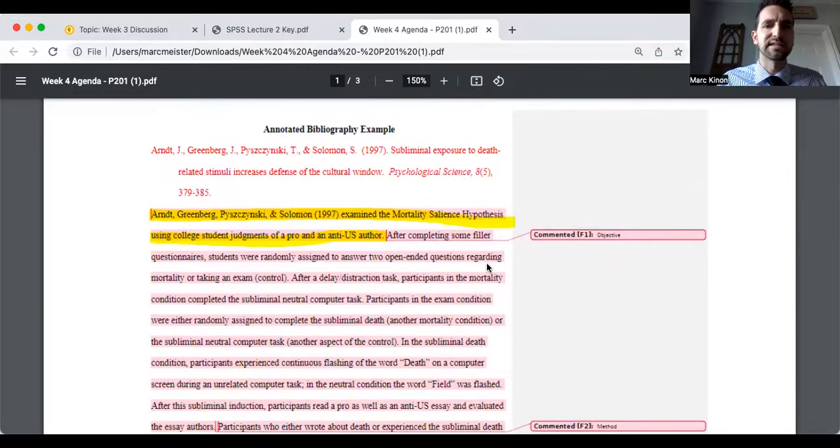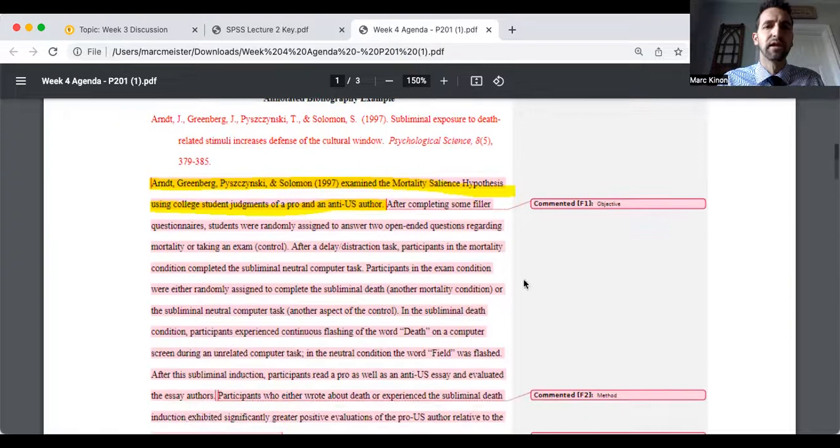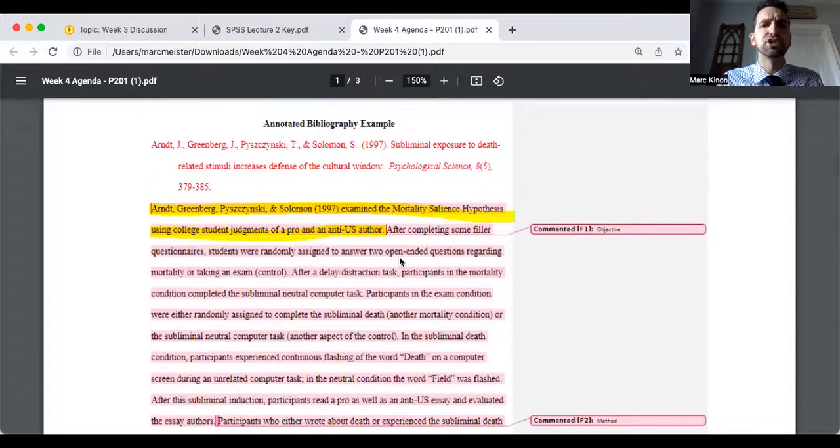Arndt, Greenberg, Pazinski, and Solomon, 1997, examined the mortality salience hypothesis using college student judgments of a pro and an anti-US author, right? We're doing a pro and an anti-gay marriage author in our study, but this is their study. So here, this is just the objective of this article that's being summarized.